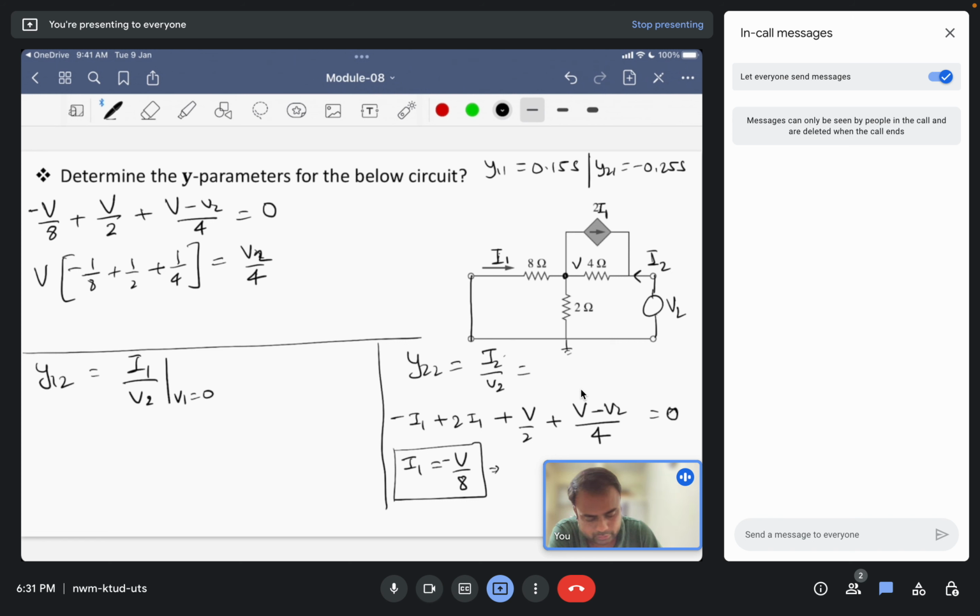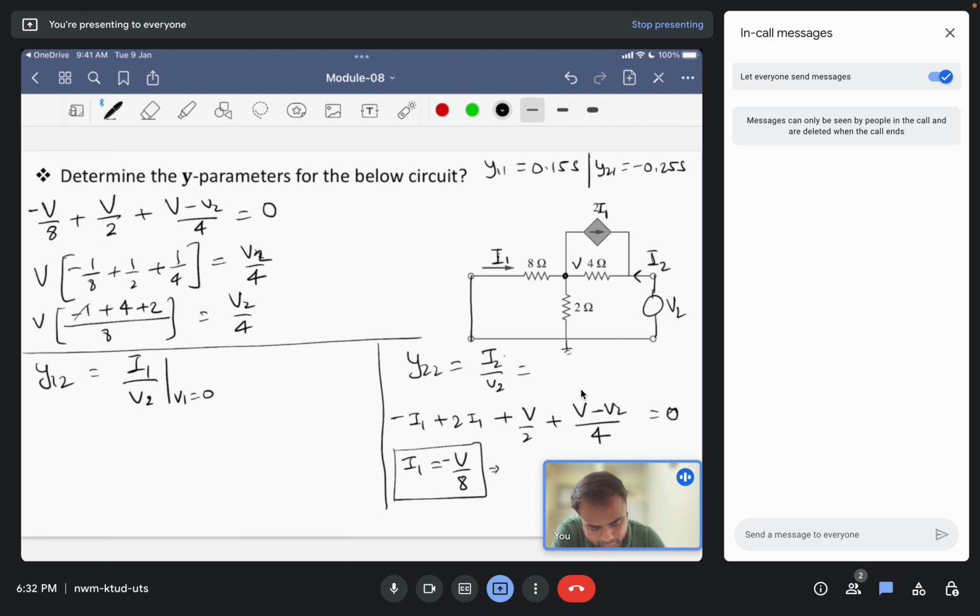So taking the LCM, 8 minus 2 plus 4 plus 2 minus 2 plus 2. Sorry for that. Minus 1 plus 4 plus 2 is equal to V2 by 4.